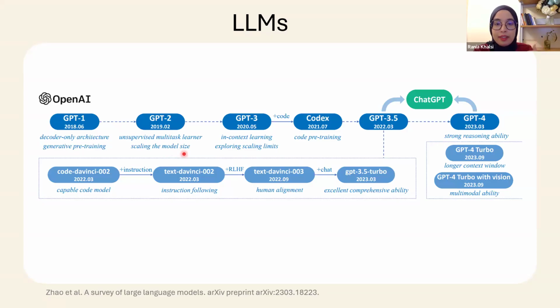Then this extends to GPT-3, which introduces a more sophisticated architecture, mainly composed of multiple specialized modules. For example, some modules are capable of code generation.